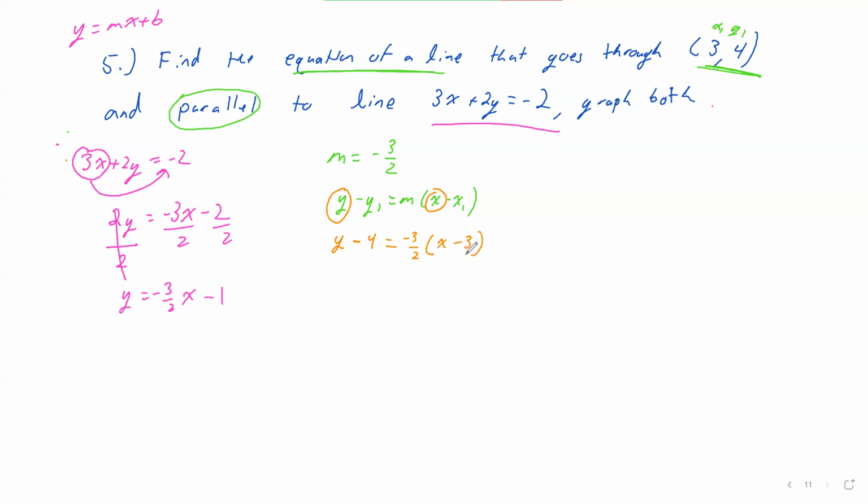All right. And then this was a two-step process. There it is. So -3/2 times x would just be, it's just that.